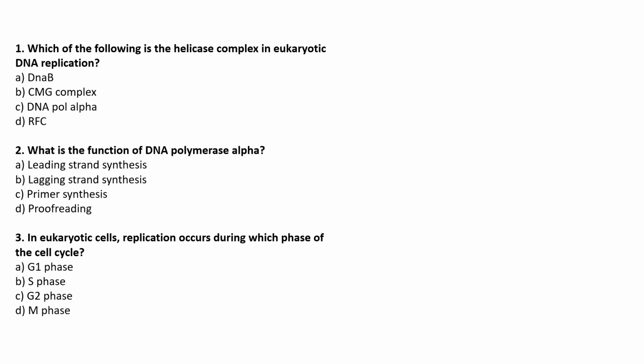Yeah, so in eukaryotic cells, next question, replication occurs during which phase of the cell cycle? This is very easy. That's correct. You're absolutely right. It's S phase, synthesis phase. It's a given.